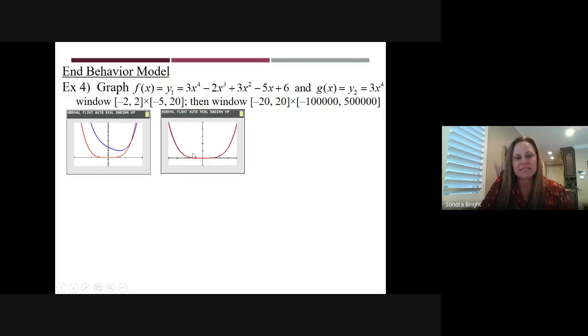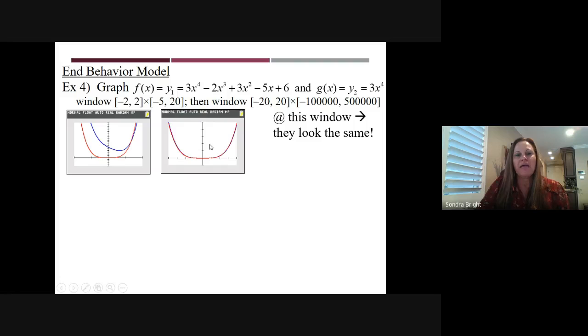Do you notice that as we zoomed way out, we made this window super large, and we're up in space looking down, they look the same? But we know zoomed in, they're not the same. As you zoom out, they are just right on top of each other.